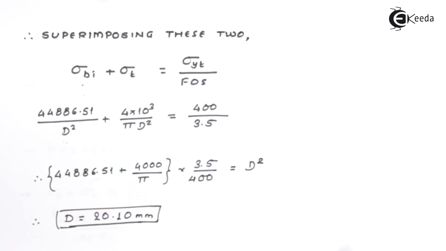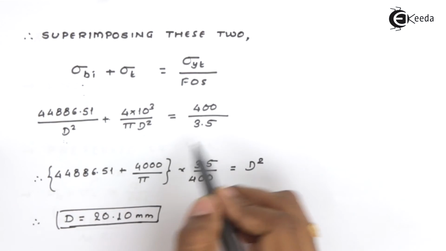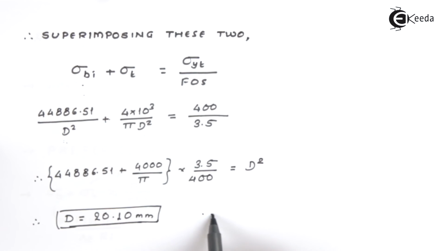So that is what the value of diameter is, which is expected based on this particular combination, which is going to be a safe dimension.